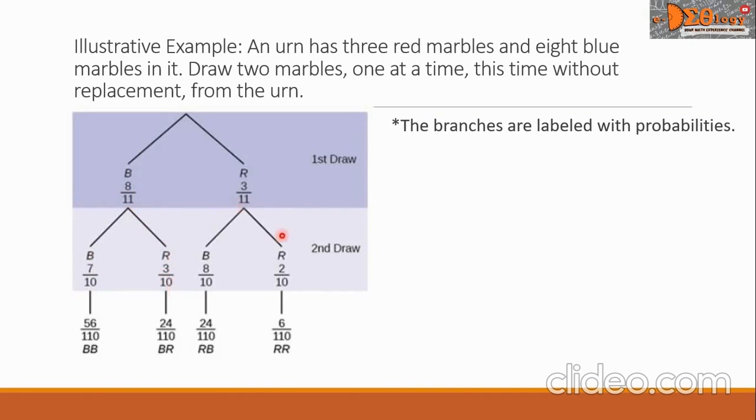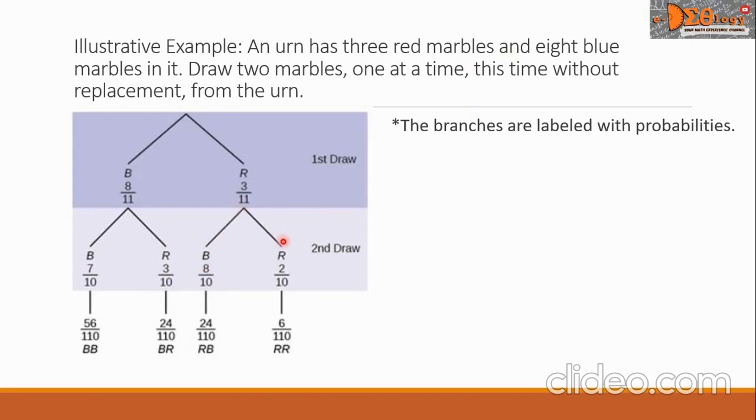The second group of branches represents when the first draw is a red marble. So this branch represents the probability of taking a blue marble in the second draw. And that is 8 blue marbles over 10.